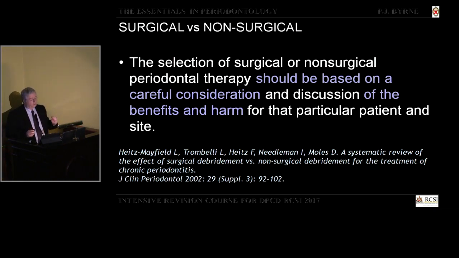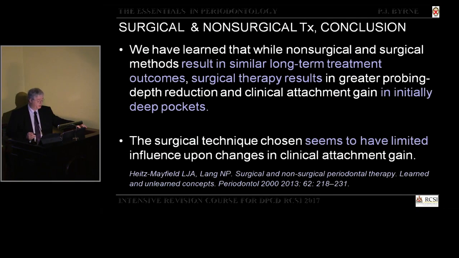But in our selection criterion, be it surgical or non-surgical therapy, this should be based on a careful consideration and discussion of the benefits and harm for that particular patient and site with our patients.